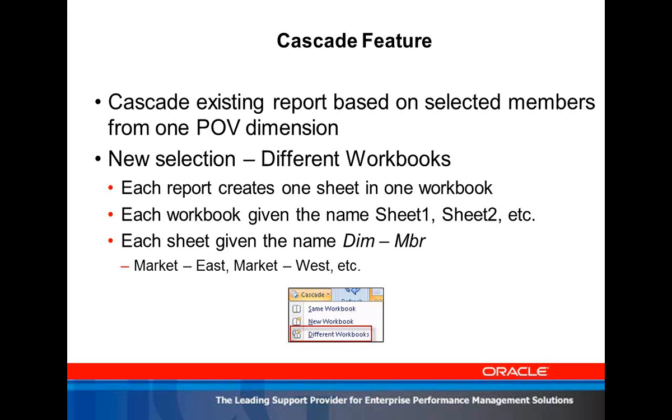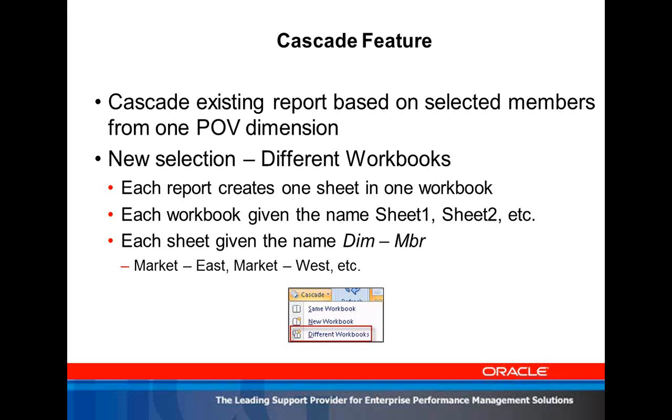Hopefully you know what cascading is. Cascading is creating many reports from one report by the selection of one of your POV dimensions and then selecting many members from that POV dimension.